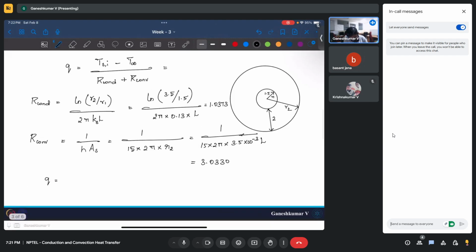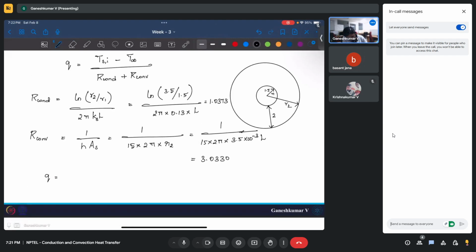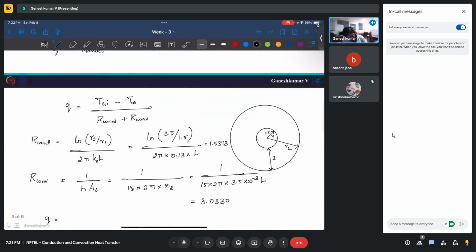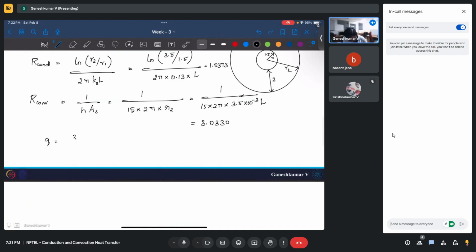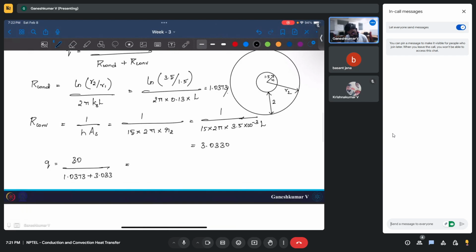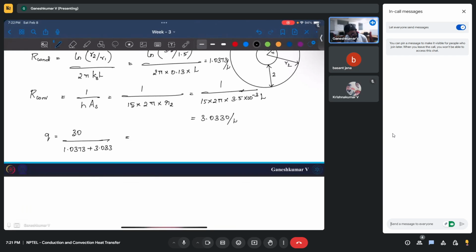Now, what would be the Q? So you can substitute them here. TSI is 50, T infinity is 20. So this will be 30 divided by 1.0373 plus 3.033. Sorry, this you should have divided by L here.